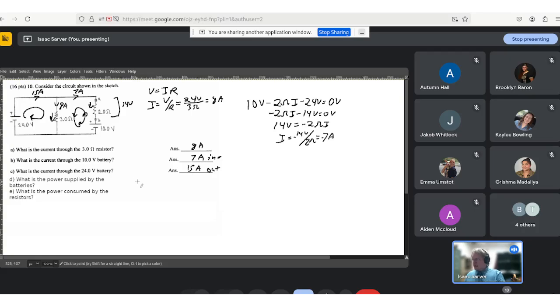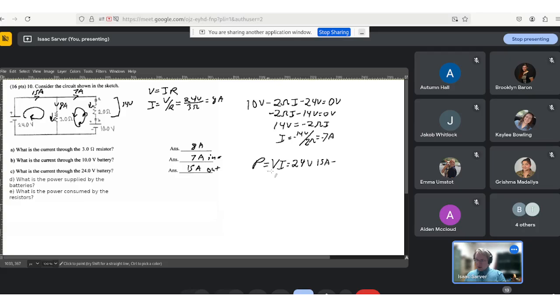Power supplied by the batteries. Power is equal to V times I. That'll be 24 volts for this one over here, and he's supplying 15 amps.